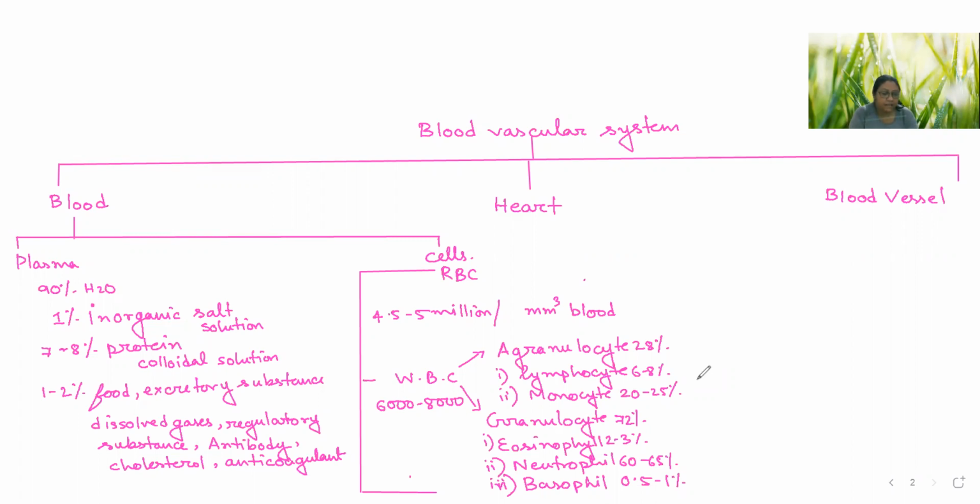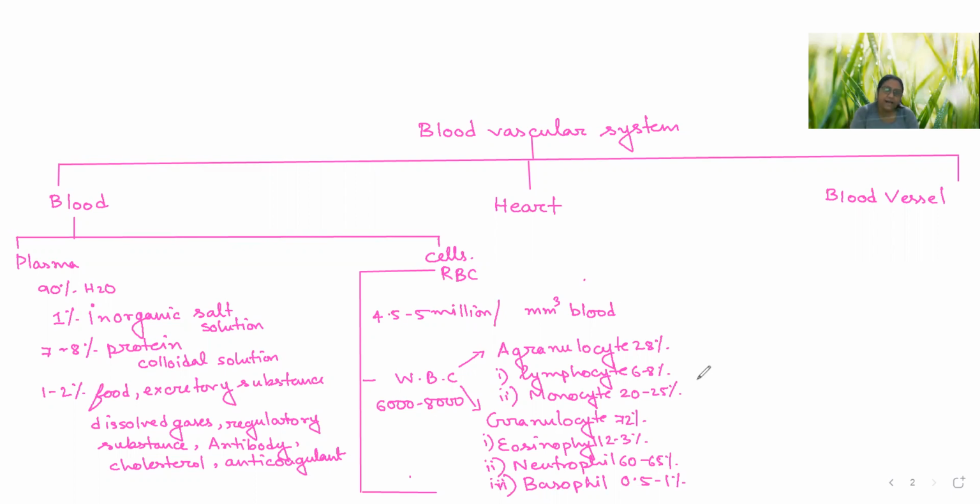They are very much motile and phagocytic. Anywhere any cell debris, antigen antibody complex, or dead cells are there, they simply go there and eat them up to clean the body. That's why we call them macrophages. Generally, when they enter into tissue, these monocytes are converted into macrophages. As the name itself says, macro means big and phages means which eats up everything.